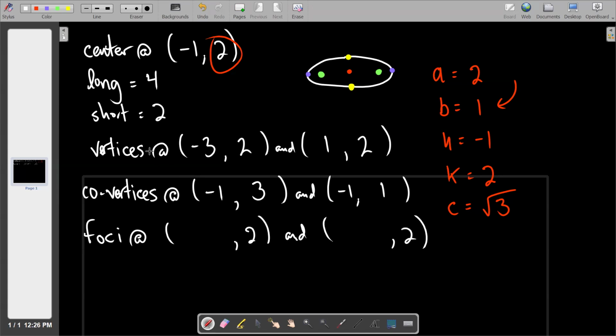So our first focus is at -1 minus √3. We want to leave it like that, exact. We don't put them together because they're not like terms. And then the other focus, we go to the right c units, and it's at -1 plus √3.